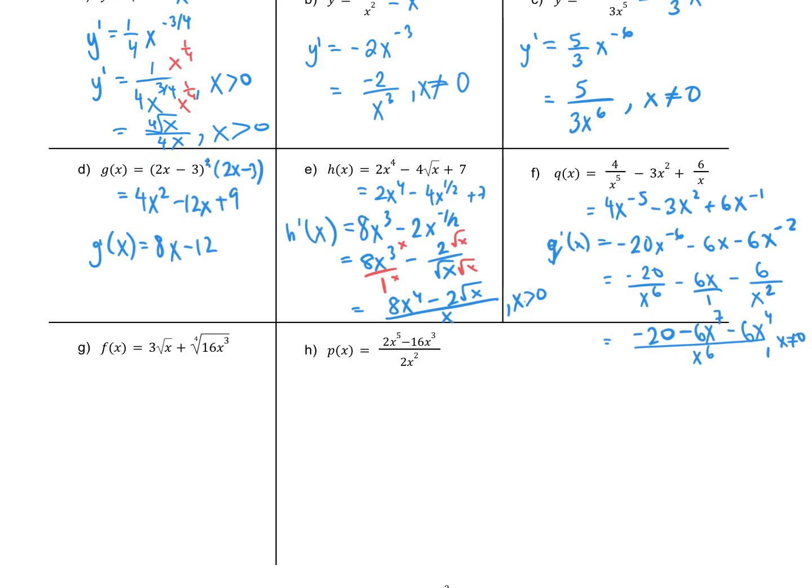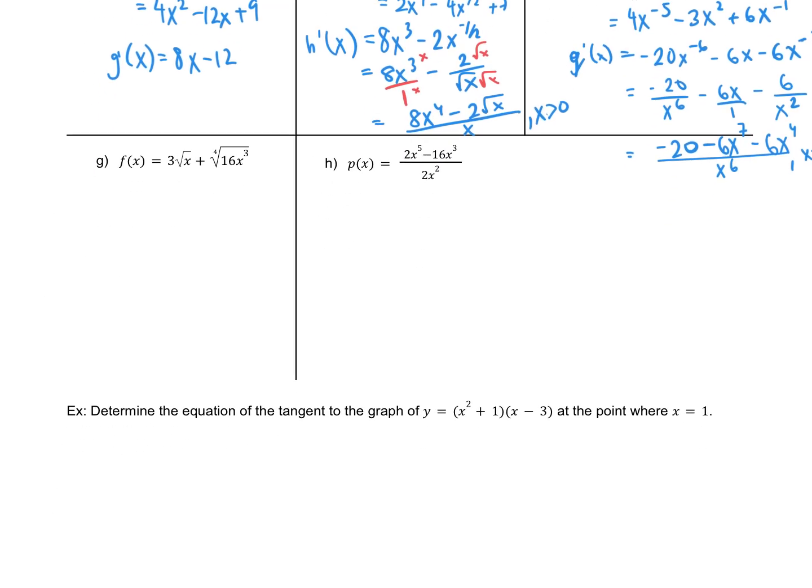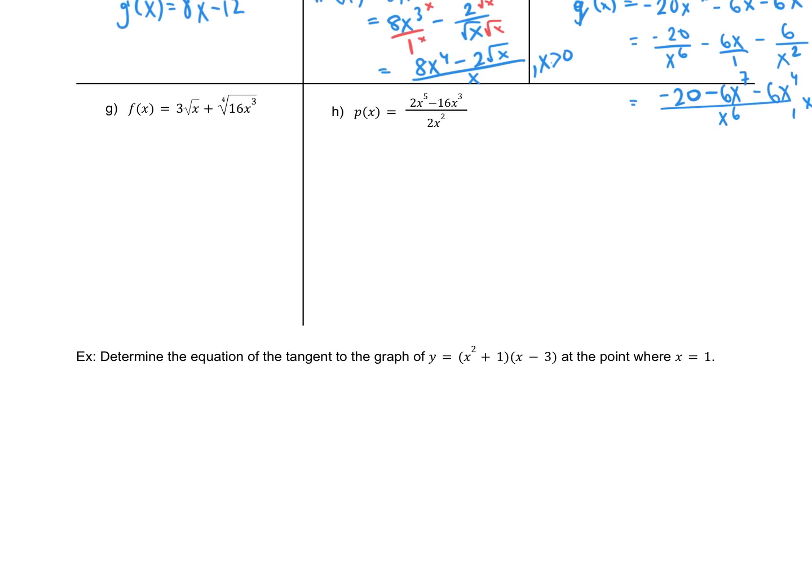All right, 2 more before we get into some typical derivative questions. We've seen them in the past, but now they can be a little bit more complicated because of these rules. Okay, clean things up first. 3x to the power of a half plus 16x cubed all to the power of 1/4.